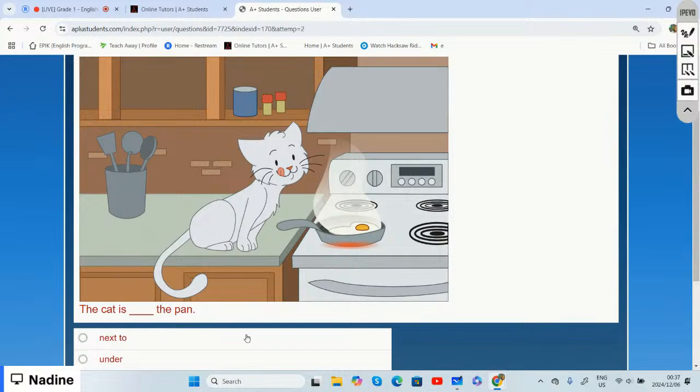So do we say the cat is next to option one, the pan? Or do we say option two, the cat is under the pan?